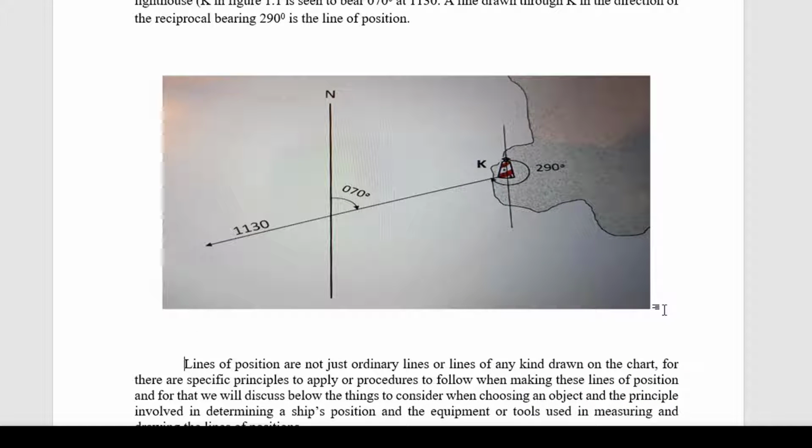The next thing is to number the image. Since we are in chapter 1, we are going to give it figure 1 point. So the number that comes after the decimal point is the numbering of the image, which is the first image in this chapter. So it's figure 1.1 and the name of the image is line of position using one bearing.